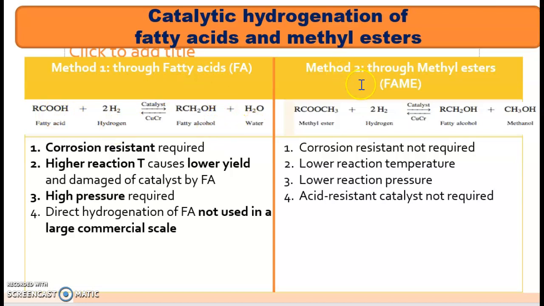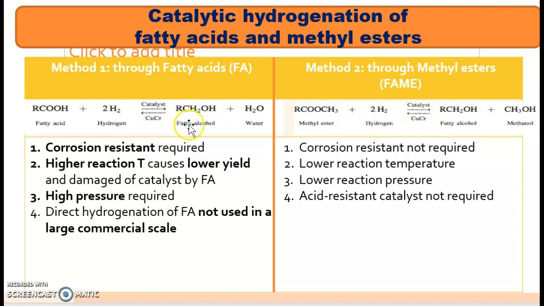The difference with the fatty ester is that you will produce the methanol here and the fatty alcohol. But for fatty acid, you will produce the water and also the fatty alcohol. So both of the processes require catalyst. Here, an example given is copper chromium.